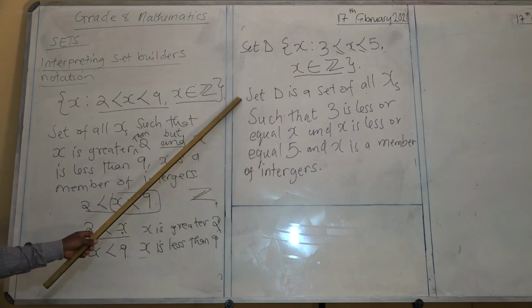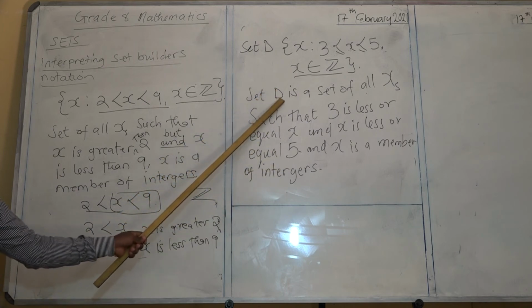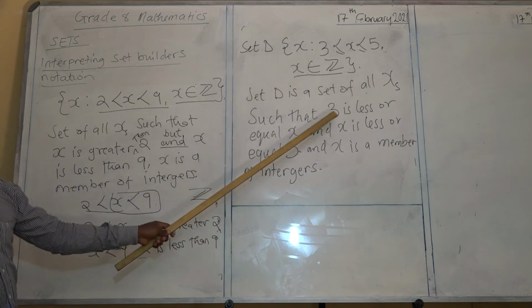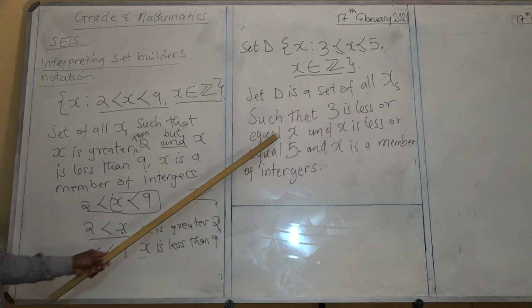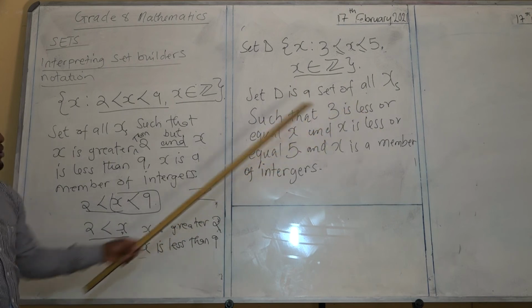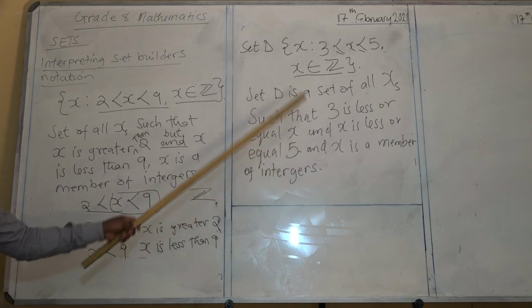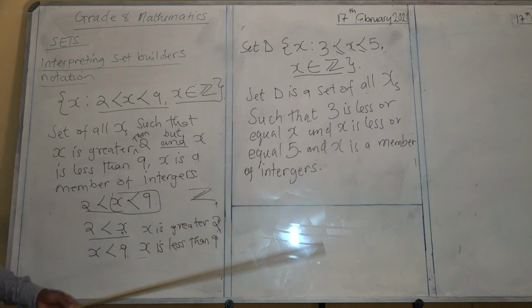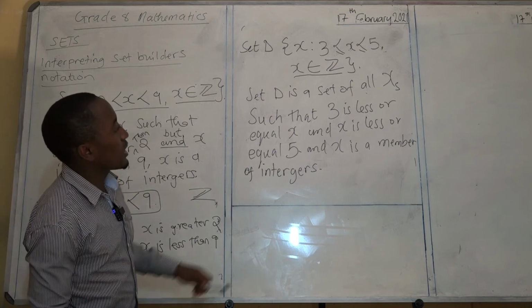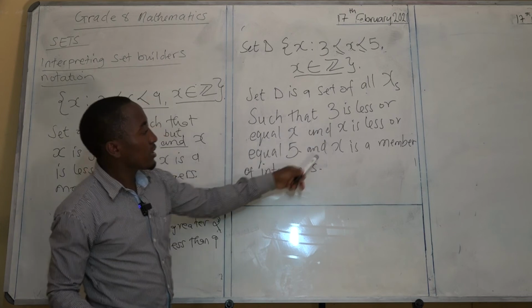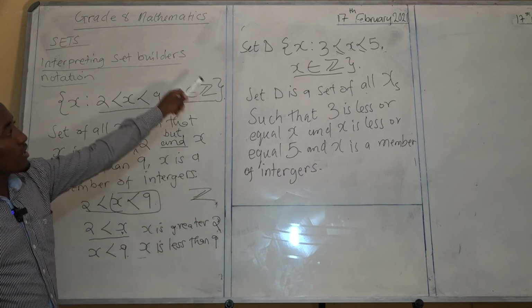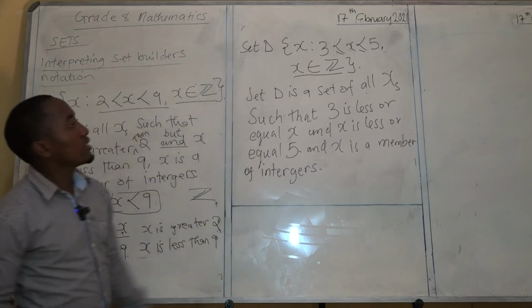So you should write it in this format. If you want, you can list the integers which are between 3 and 5. If you list those integers, then you are talking about your set D.